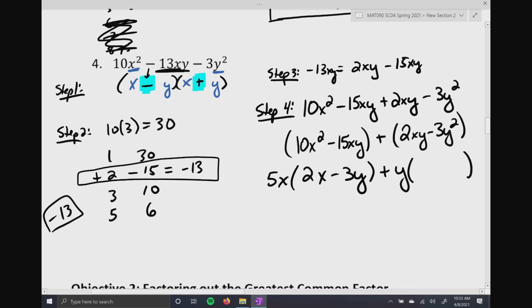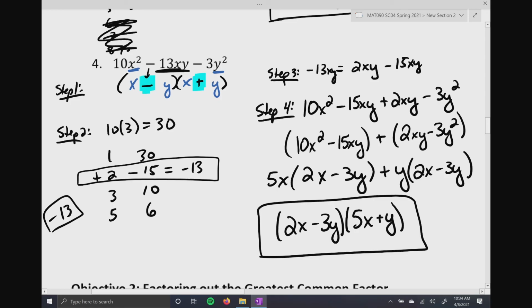And when I factor out a letter y, I'm left with 2x minus 3y. So I know all of my work is correct. I will factor out the common binomial. And the 5x plus y is left over. And that's it. That is it.